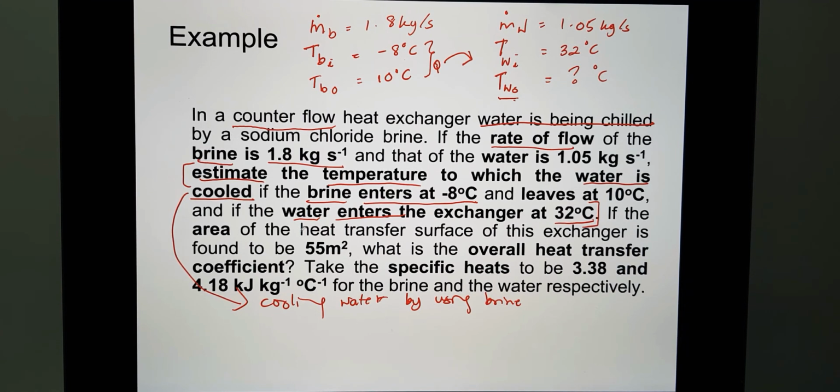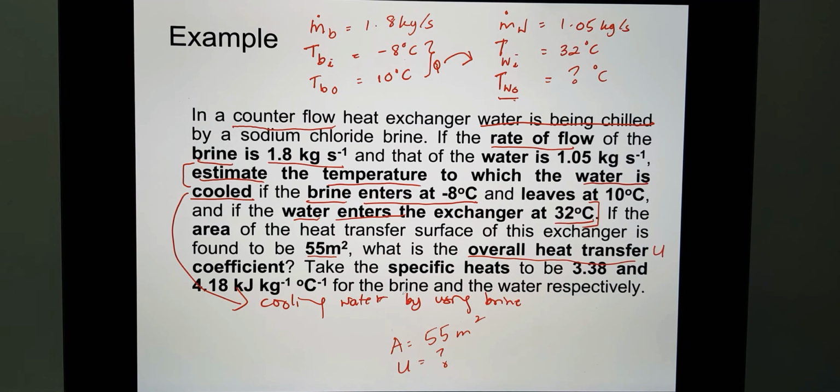And then, if the area of the heat transfer surface of this exchanger is found to be 55 meters square, what is the overall heat transfer coefficient? Then you need to calculate for U. Take the specific heat to be 3.38 and 4.18 kilojoule per kilogram degree Celsius for the brine and water respectively. The area is given as 55 meters square, and we need to calculate the value of U.